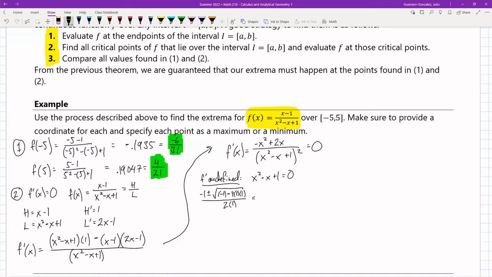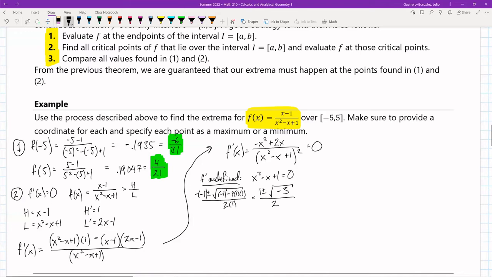It's supposed to be minus b, that's my bad. So then here we get 1 plus or minus the square root of minus 1 squared. Minus 1 squared is 1, minus 4, that's going to be a minus 3, all over 2.